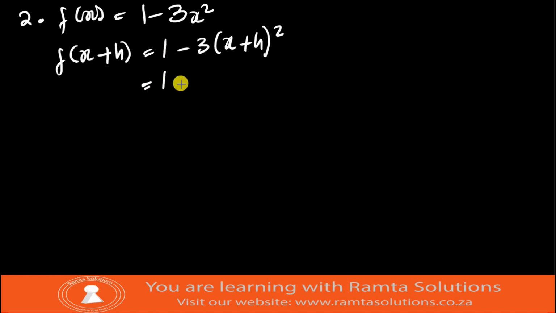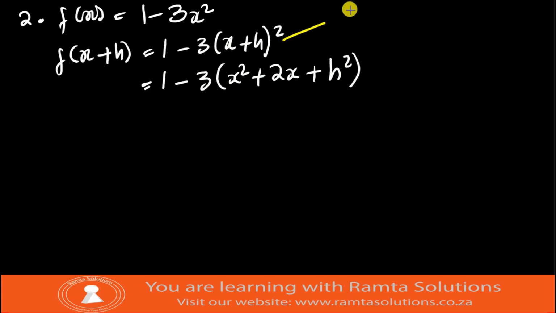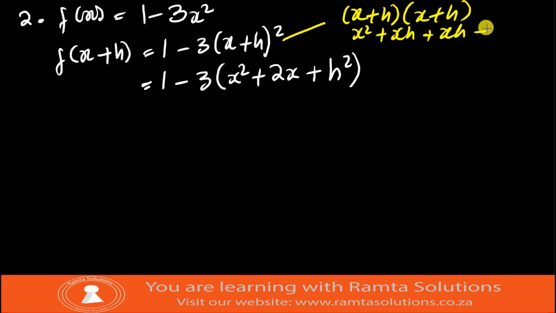When you simplify this, it will be x squared plus 2xh plus h squared. Right, so this is using your FOIL method, because you say this is x plus h times x plus h, which is x squared plus xh plus xh plus h squared. It then gives you this.